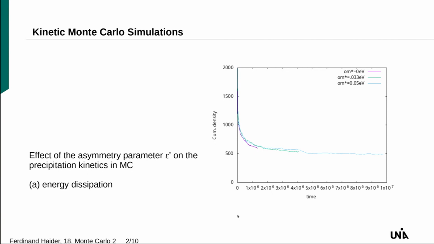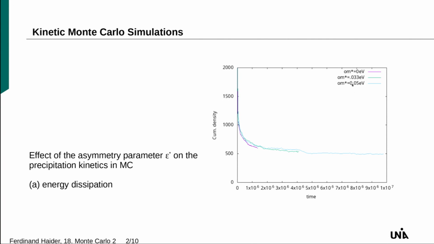So here you see a couple of simulations, and I marked the time just in Monte Carlo steps. So I did 10 to the 7 Monte Carlo steps for different values of this asymmetry parameter. Well, I chose it always positive, but if you do it negative, it would also be important.